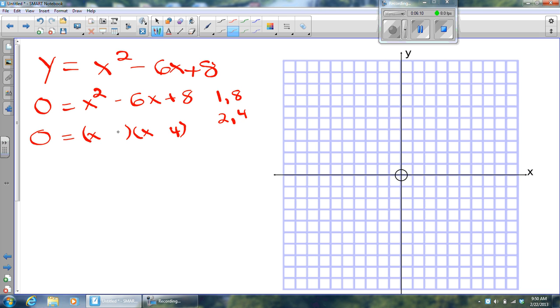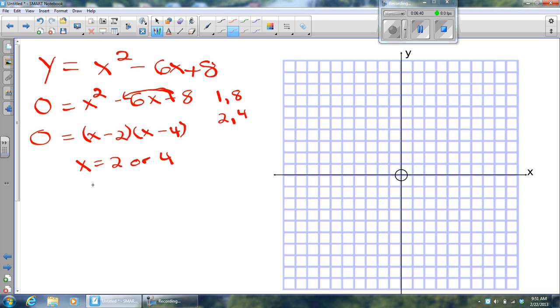And since our 8 is positive, we're going to do the double stack. So we have two negatives. So we're going to put a minus here, minus here. Okay, so we're going to solve for x. So x is going to equal 2 or 4.